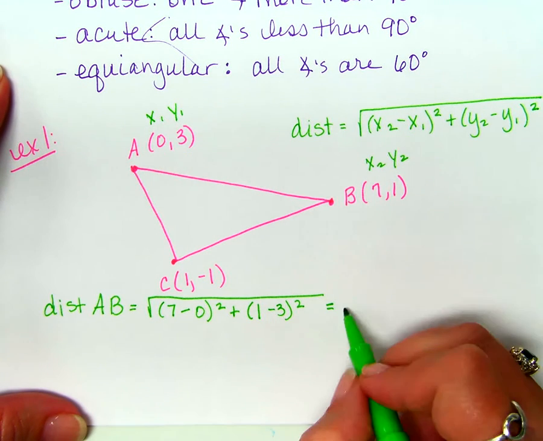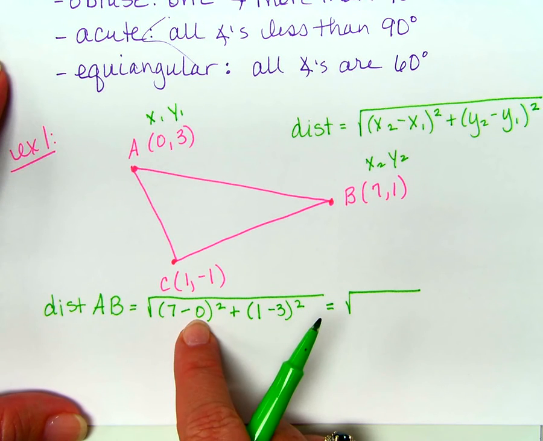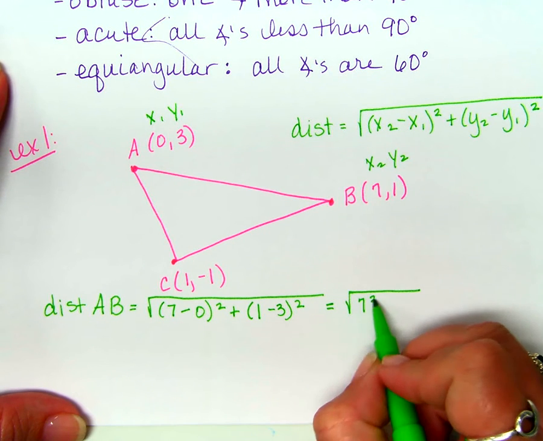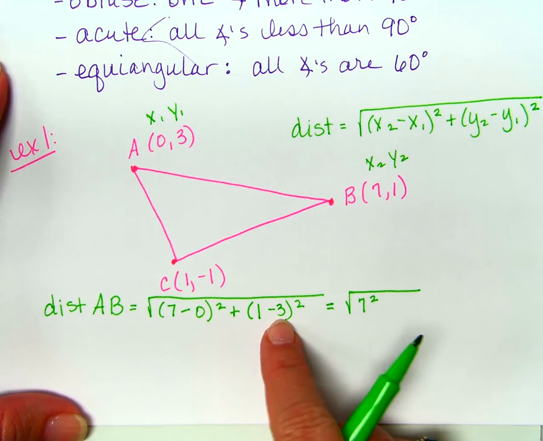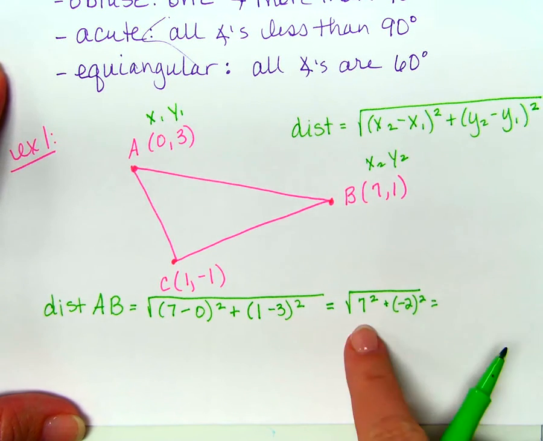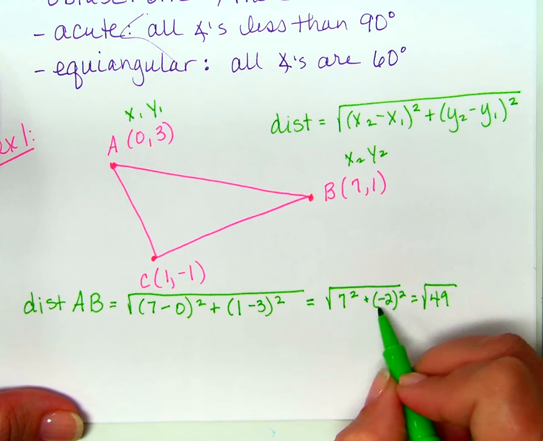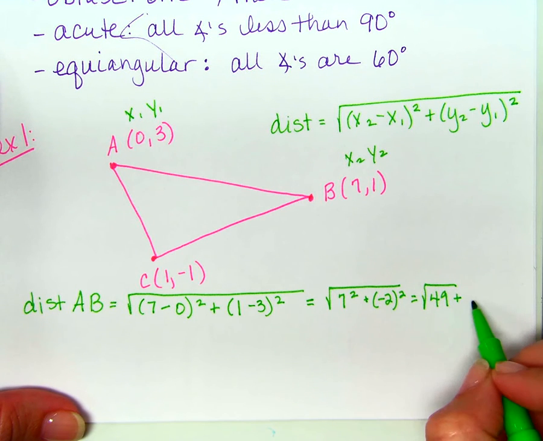Well, let's simplify that a little bit. What's 7 minus 0? 7. Okay, 7 squared. What's 1 minus 3? Negative 2 squared. What is 7 squared? 49. And what's negative 2 squared? 4, right?